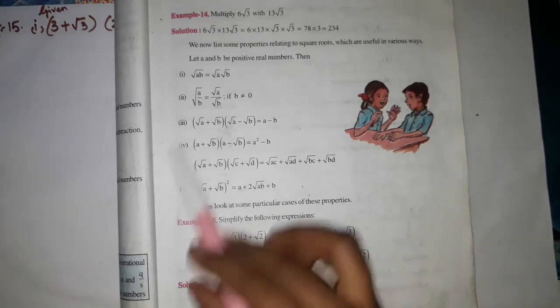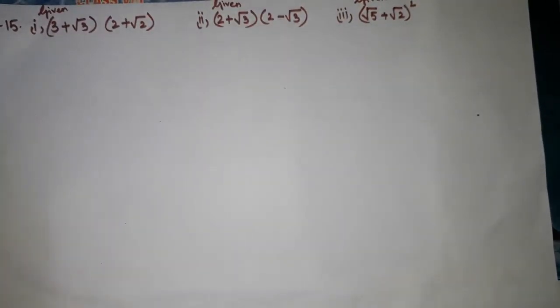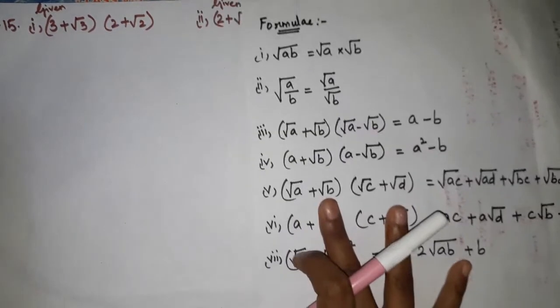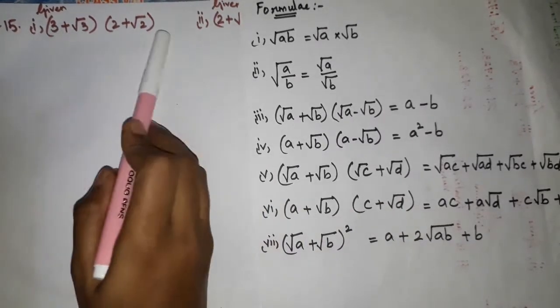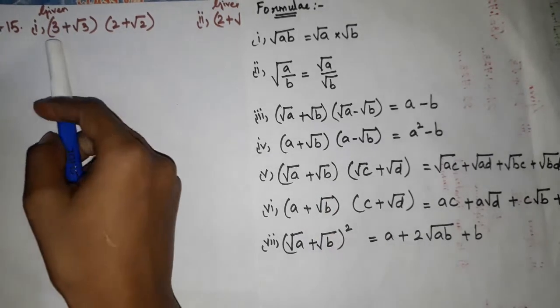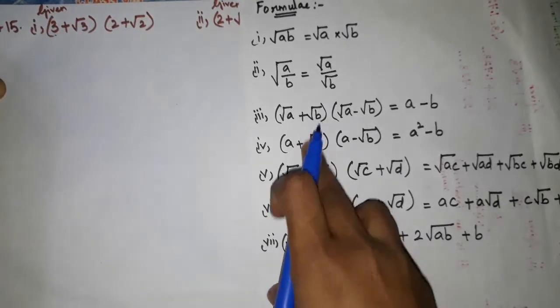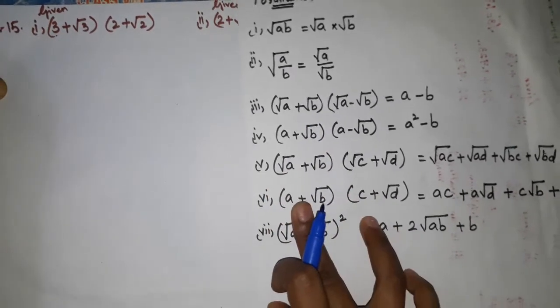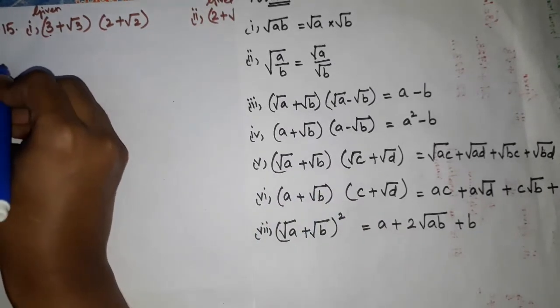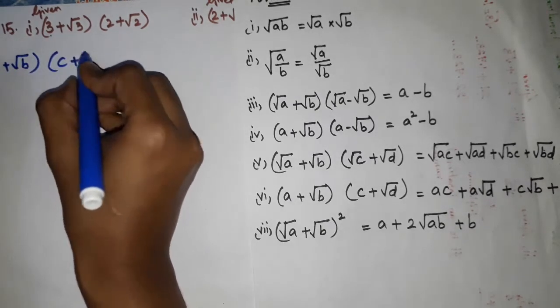These all are related to these formulas. I have already copied the first question, that is (3 plus root 3)(2 plus root 2), and I have written the formulas also. Now this complete question is related to which formula? One is just a number and one is in root. So it is the sixth formula, children, that is (a plus root b)(c plus root d).